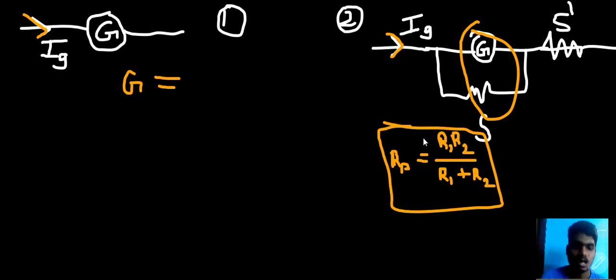In order to say the basics, we know that 1 by Rp is 1 by R1 plus 1 by R2.